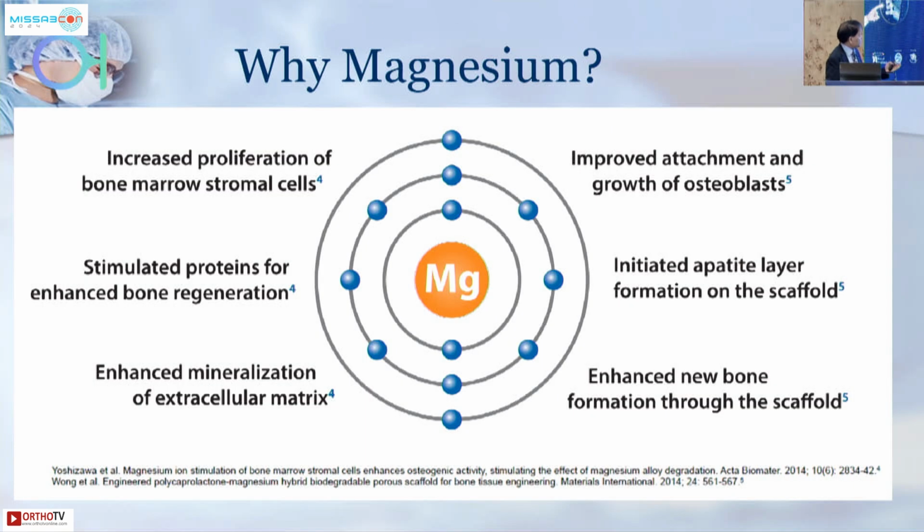What does magnesium do? It increases proliferation of bone marrow stromal cells, stimulates protein enhancement for bone regeneration, and initiates apatite layer formation on the scaffold, which is very important for bone formation.